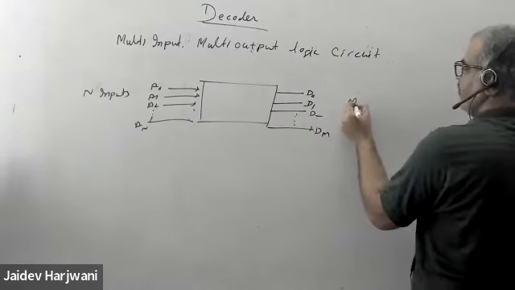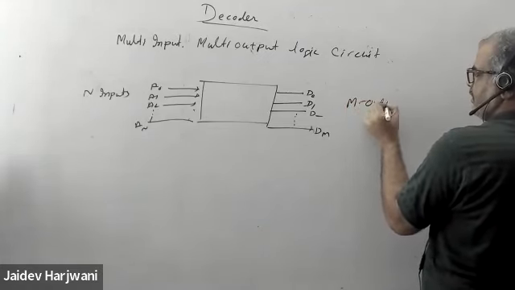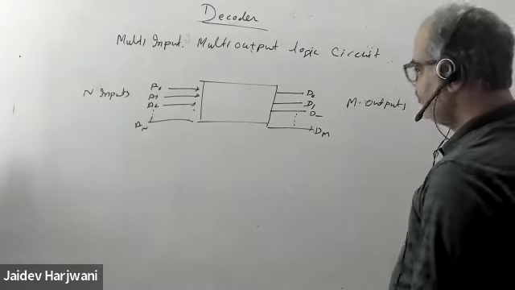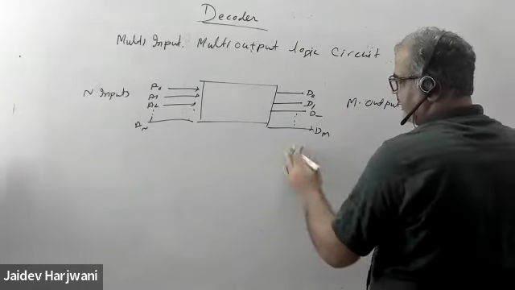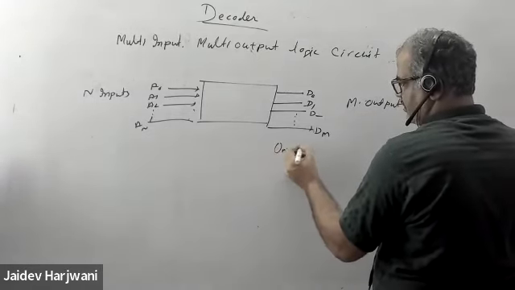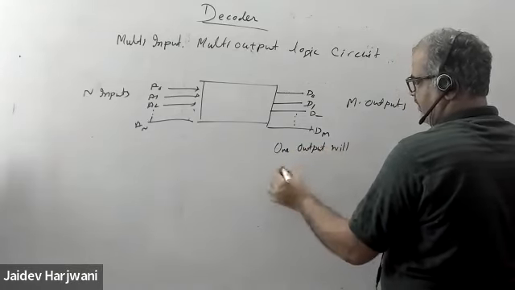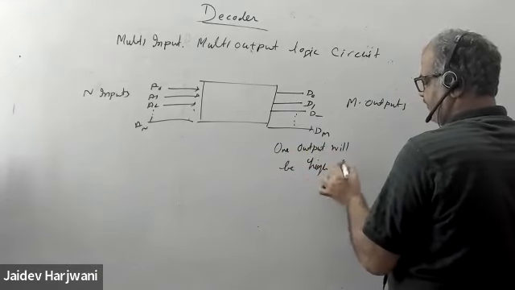So you have m outputs. Out of these m outputs, one output will be high at a time.